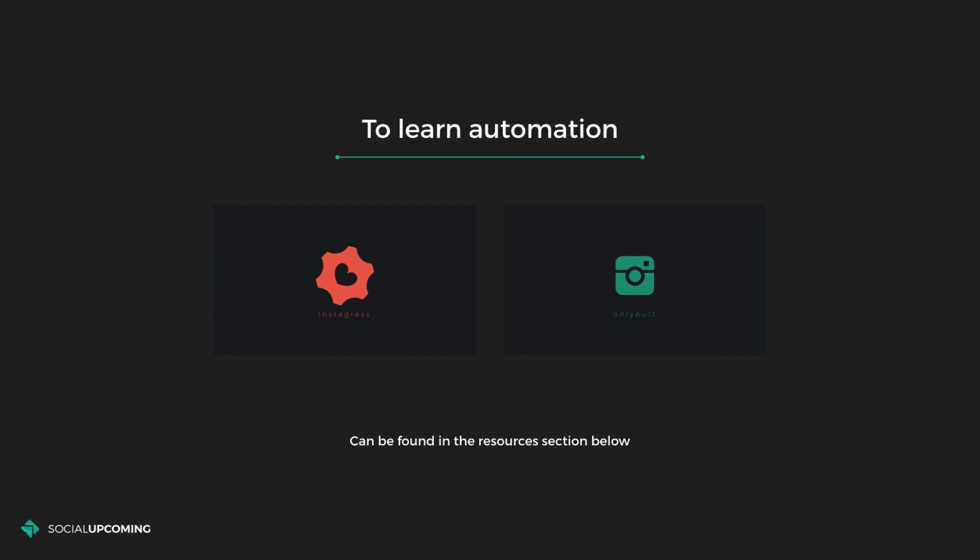Then we have OnlyPost, which is a service that actually posts images and videos for you. But you have to schedule them, so it isn't 100% automated, but you have to make the images and the videos up front, and you can schedule them, and the service or the app will actually post them for you. By using these two services, you can decrease the time you spend on Instagram by about 90%.